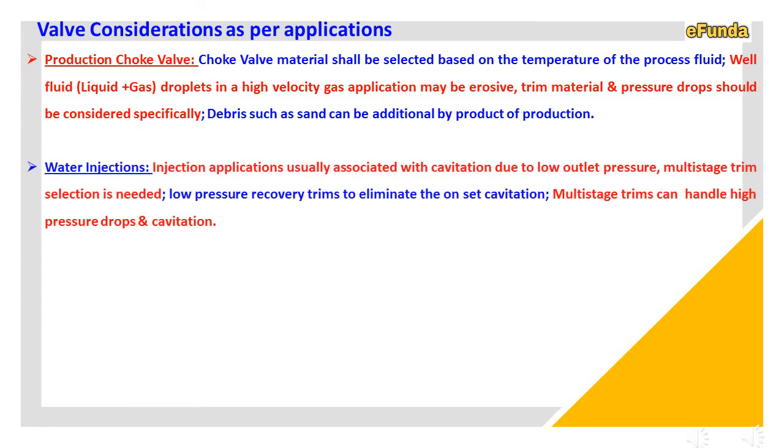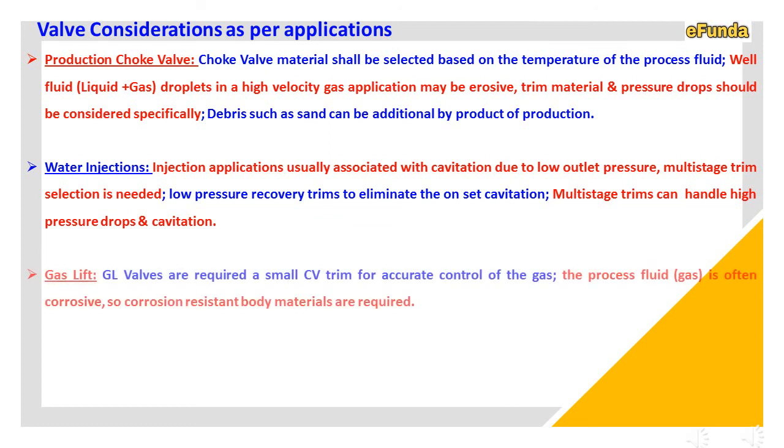Water injection. Injection application is usually associated with cavitation due to low outlet pressure, so multi-stage trim selection is needed. Low pressure recovery trims eliminate onset of cavitation, and multi-stage trims can handle high pressure drops as well as cavitation.